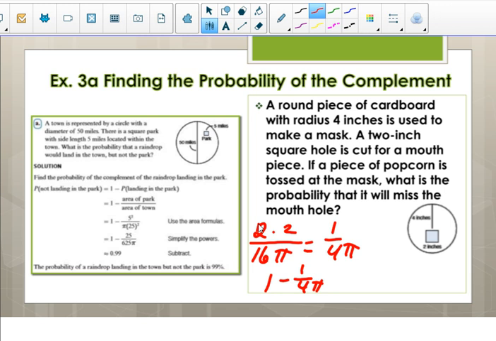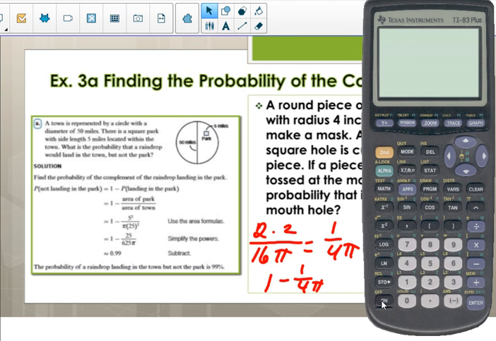So if I come to my calculator here, and I do 1 minus parentheses 1 divided by 4, I'm just going to put the pi symbol in, divide that, that gives us 0.2146 as our answer here.